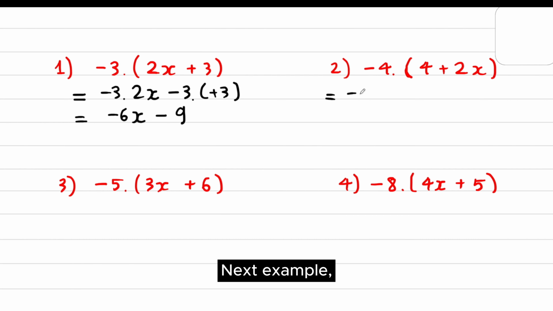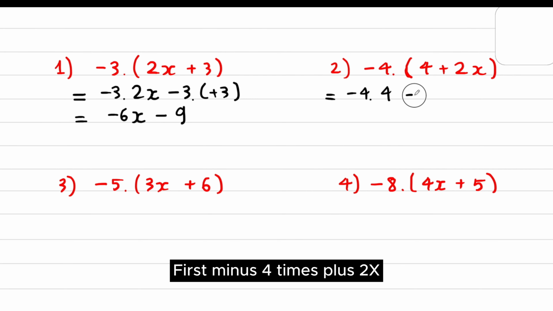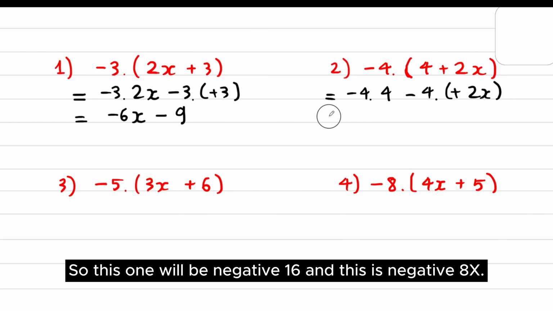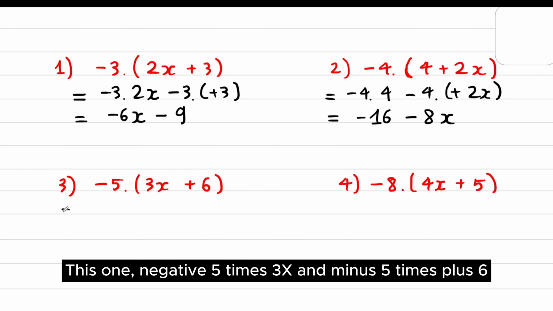Next example, -4 times... oh no, this is not plus, this is -4 first. -4 times plus 2x, the number with the sign in front of that number. So this one will be -16 and this is -8x. -4 times 2x is -8x. This one, -5 times 3x and -5 times plus 6.